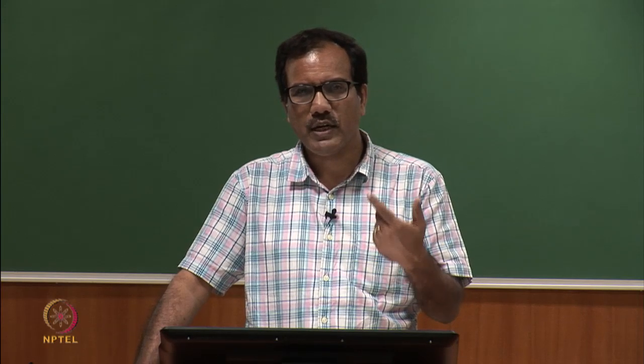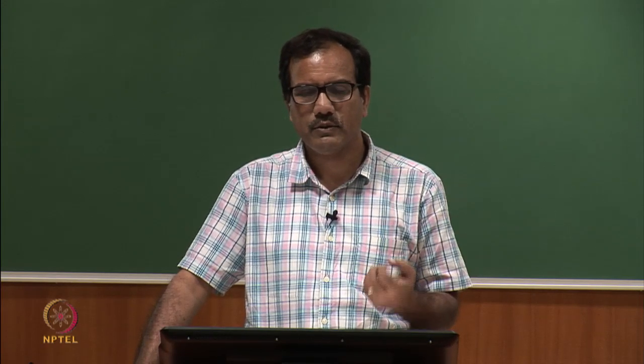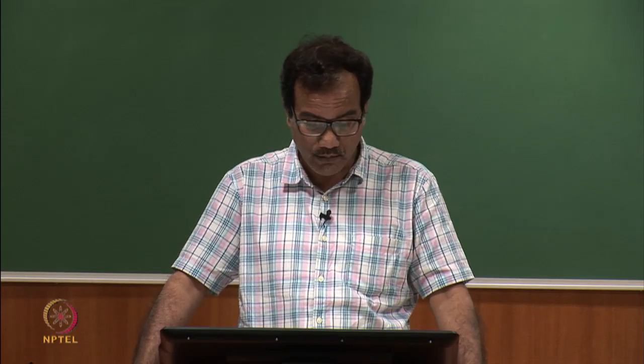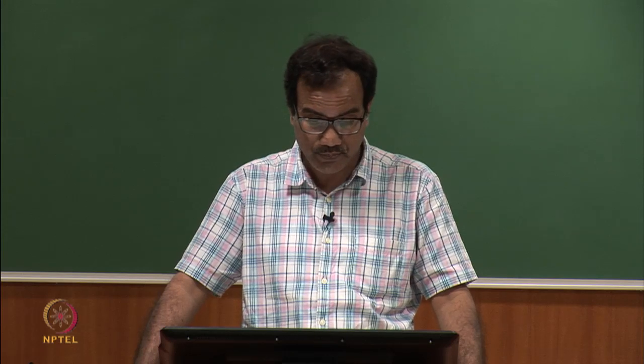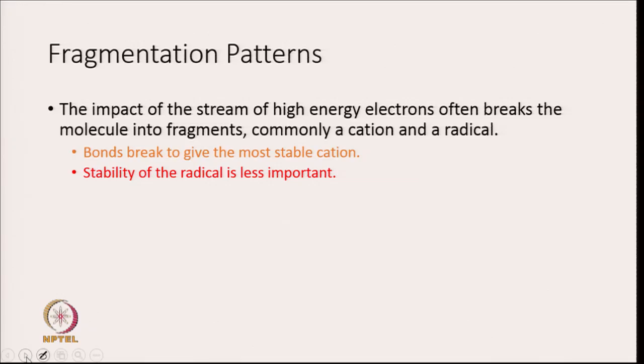But we can also look at the fragmentation pattern to know the structure of the molecule. When a beam of high energy electrons is bombarded on the molecule, it may break into fragments.